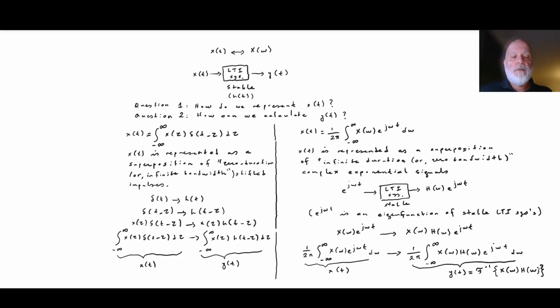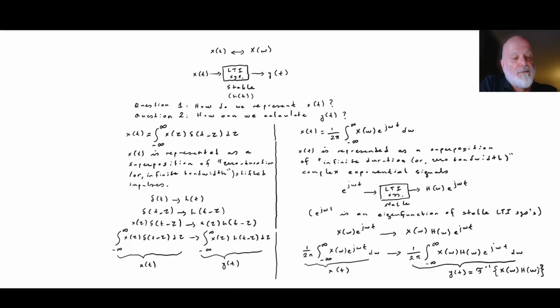So the first case, that means the representation in terms of shifted impulses, leads us to convolution. The output of an LTI system is the convolution of x of t with the impulse response.